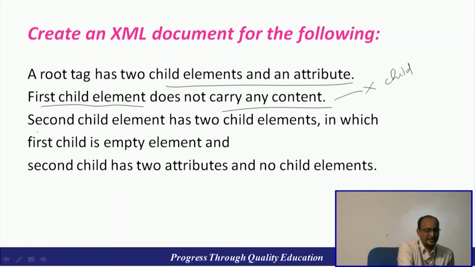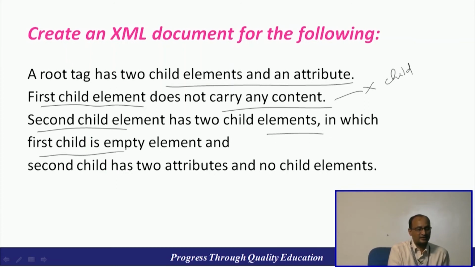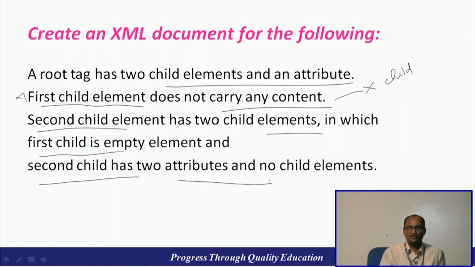Then the second child element has two elements as child elements, in which the first child is an empty element like this one, and the second child has two attributes and there are no child elements for it. Look at this, how to create.